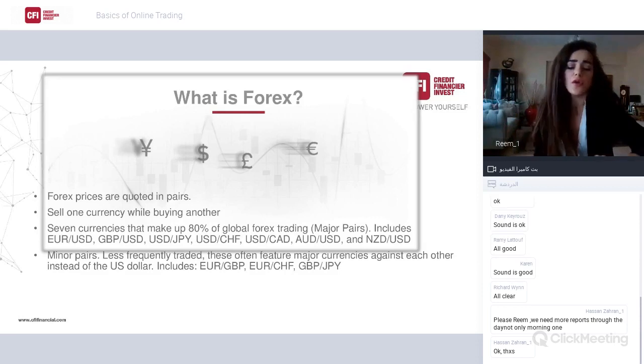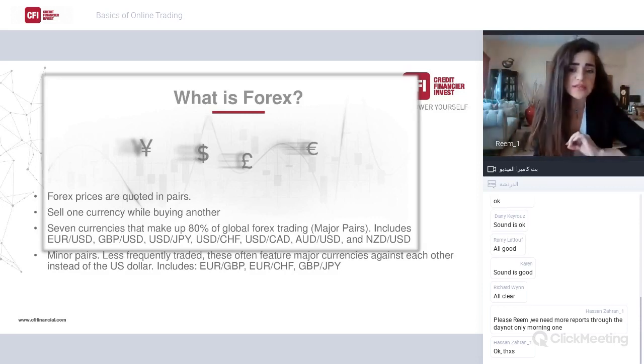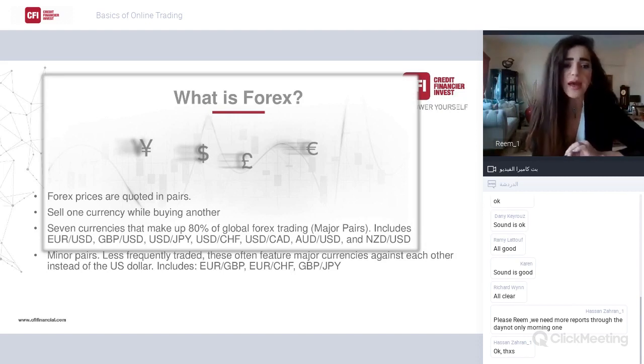And the second thing that's important about the Forex market is that you have majors and you have minors. When I say majors, it means we're talking about the US dollar in this pair.